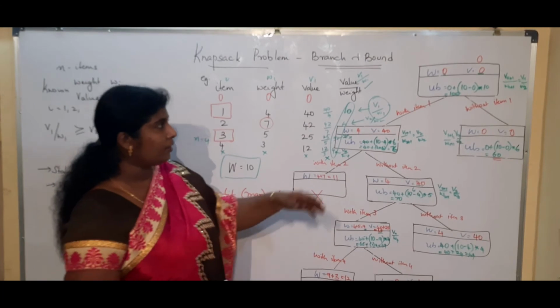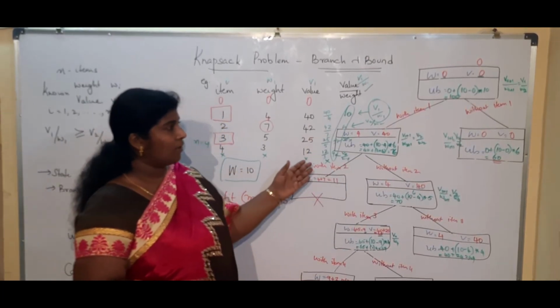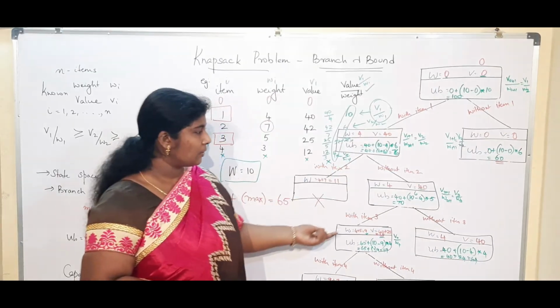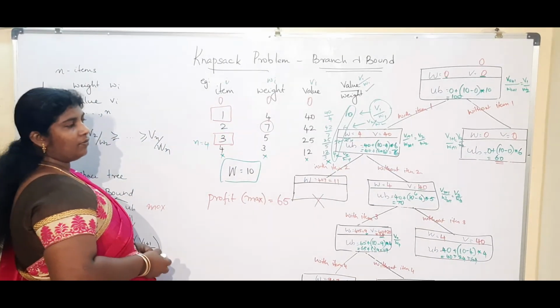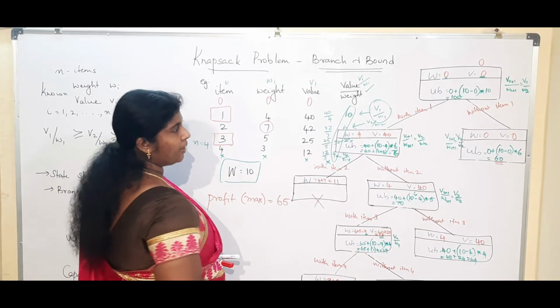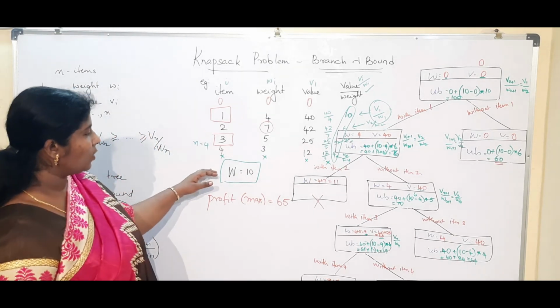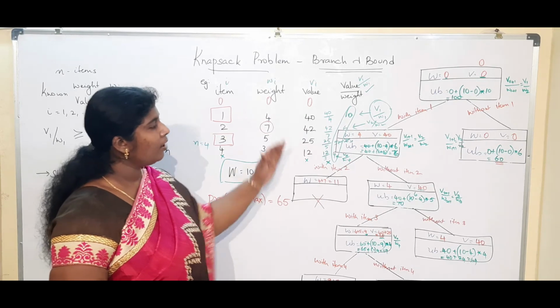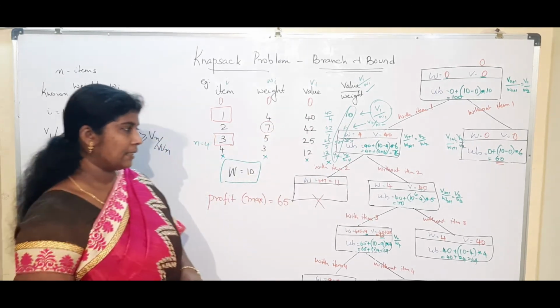We just calculated the upper bound and we found out which has the most value. We just dragged it down, and if the constraint was not being satisfied, that is exceeding the capacity, we stopped at that particular level and we went back to the next level.